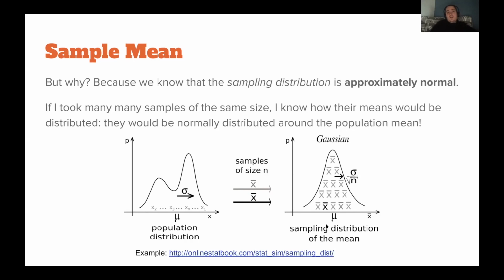So we know that 95%, for example, of them are within 2 standard deviations of that mean. But anyway, I will talk about this in detail, so don't worry about it too much. Just understand that there is this thing called the sampling distribution. It is approximately normal, and that is what guarantees us that the mean of a sample is a good estimate of the population mean.